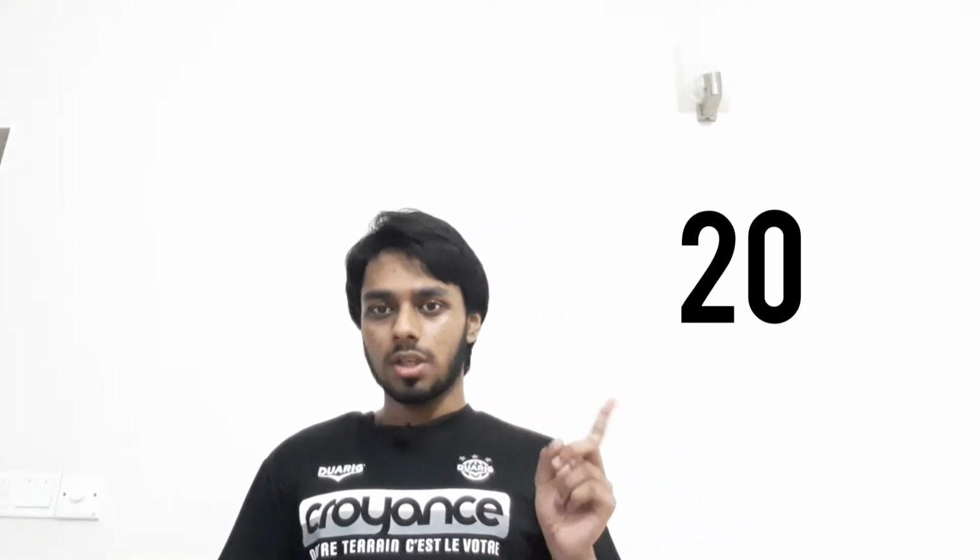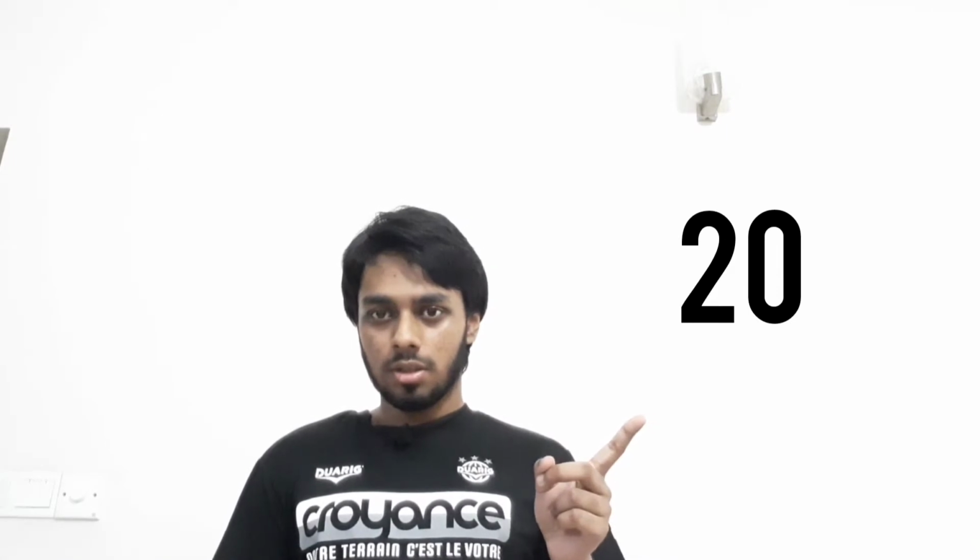The new bit of information comes when it is numbers like 20 or 30 or 40. When it is 20, we consider this as two tens. Because two tens make up 20, right?